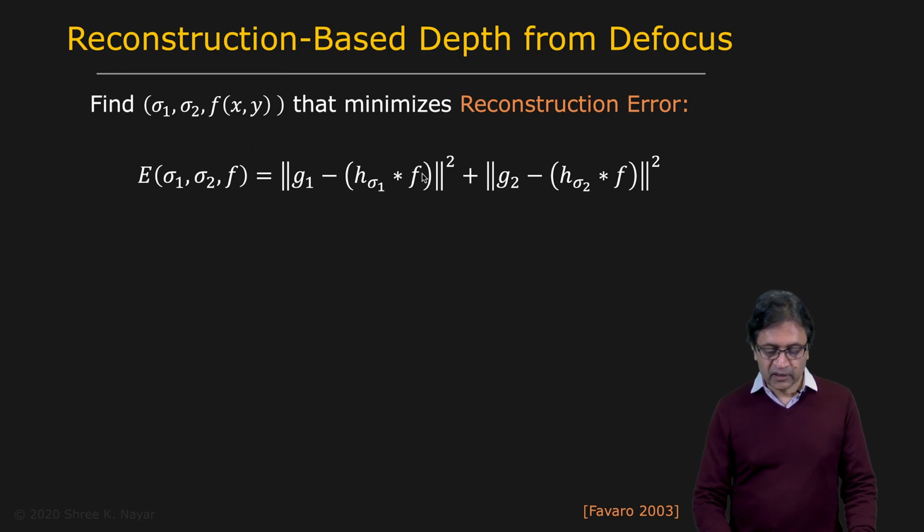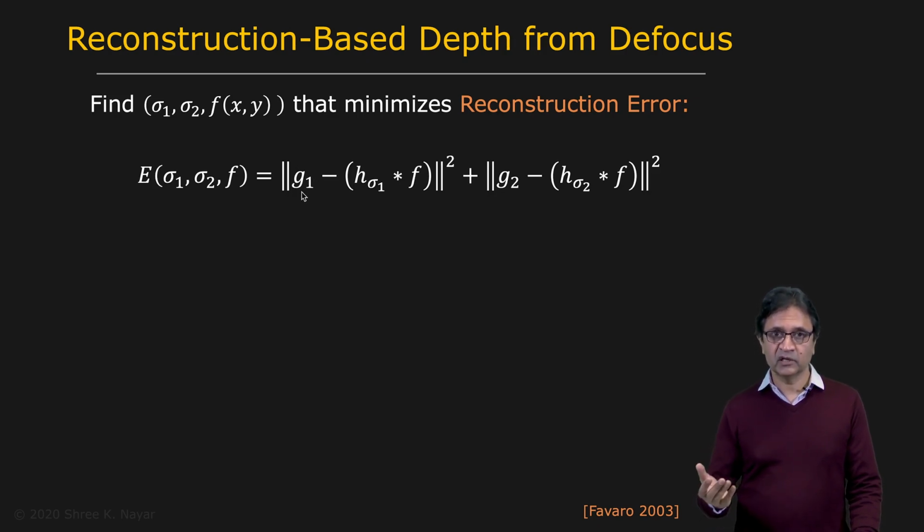Let's pretend for a minute that we have the focused image and that we have sigma 1. If we have sigma 1, we have the PSF corresponding to sigma 1. So the focused image convolved with that PSF should be exactly equal to the first captured image G1. That is, if your reconstruction is right.